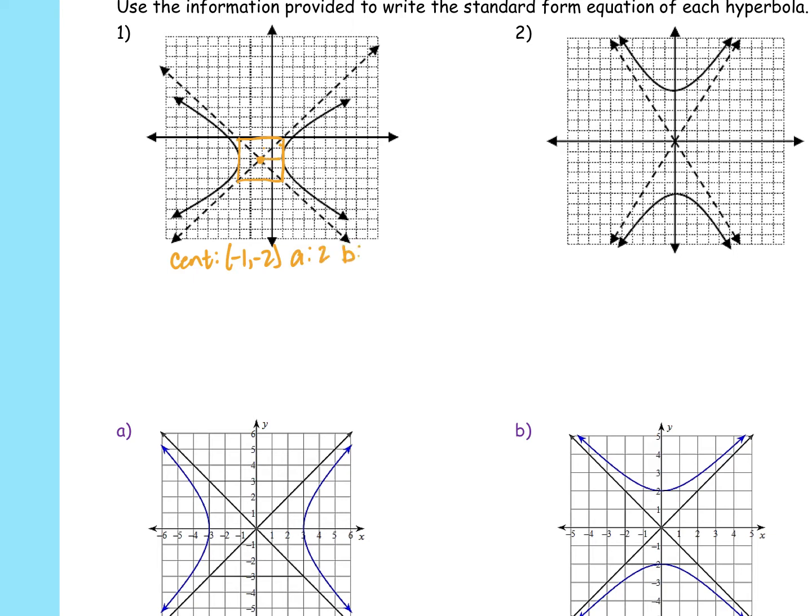And B is my distance vertically, and again that's 2. So there's my A and my B. And then my hyperbola wraps around my x-axis. That means X goes first. So I've got (x plus 1) squared over 4, and this is a hyperbola, so it's subtract.